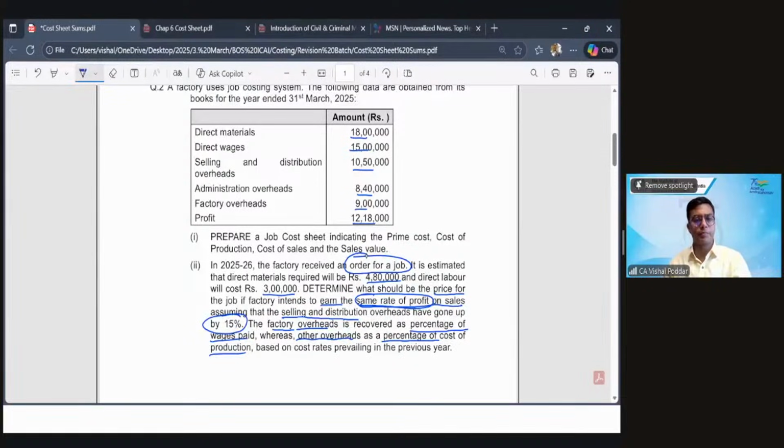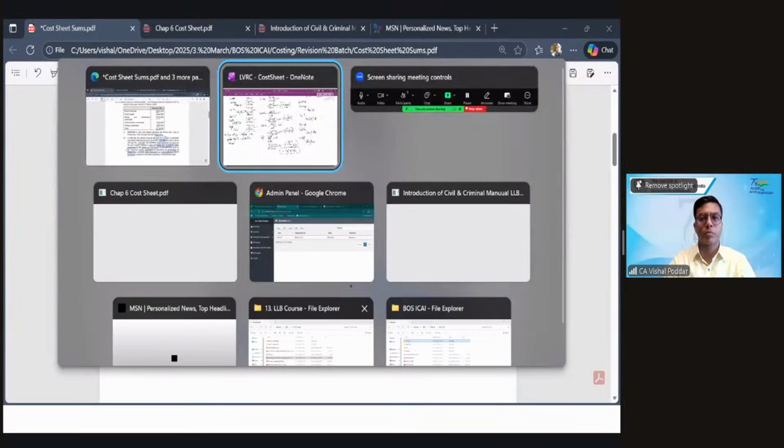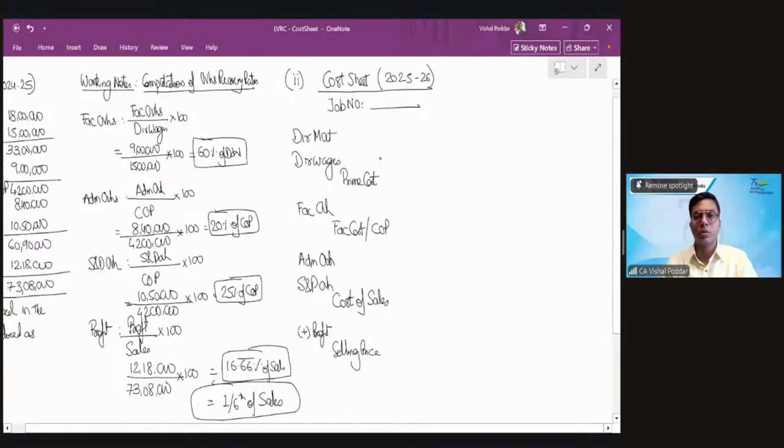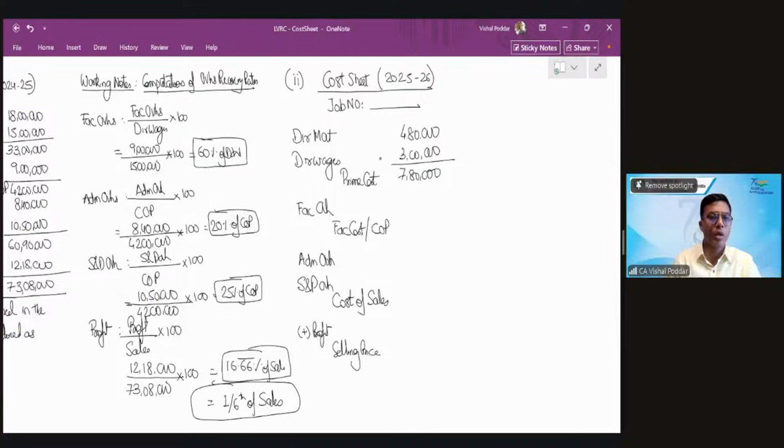Okay. So it becomes 780 for prime cost. Now, how are factory overheads charged? 60% of direct wages. So here 3 lakhs into 60%, and there is no increase or decrease in factory overheads.